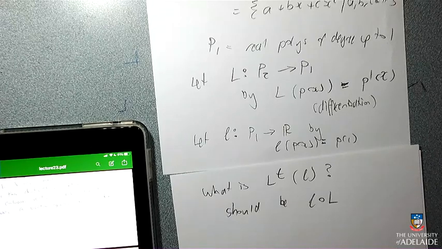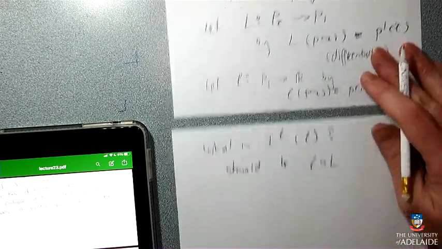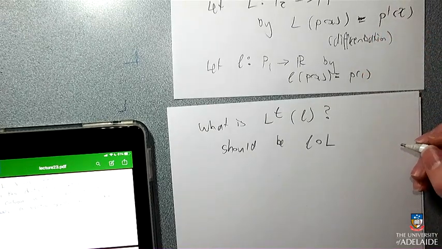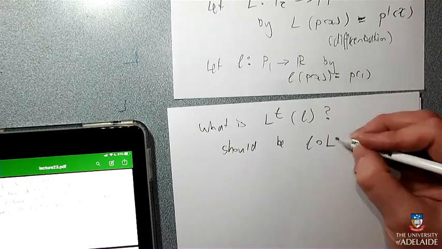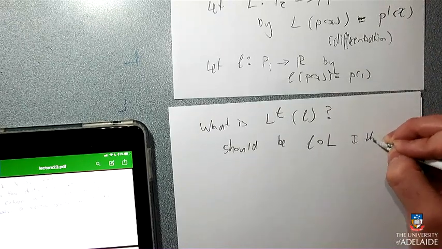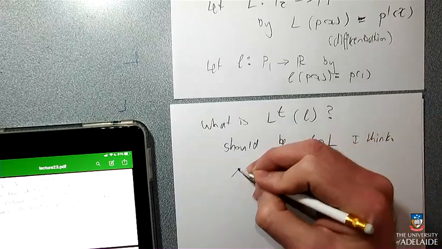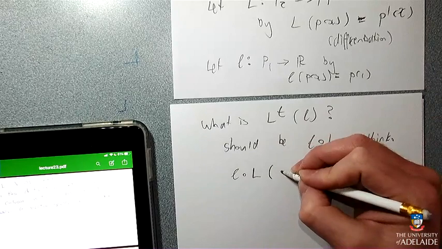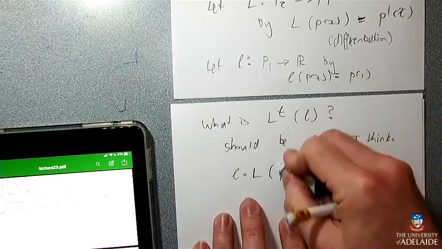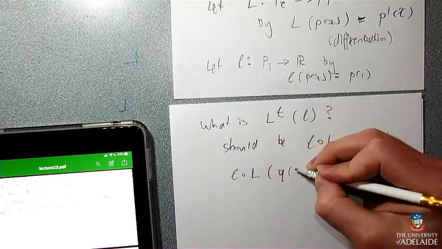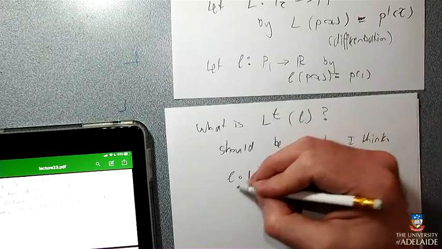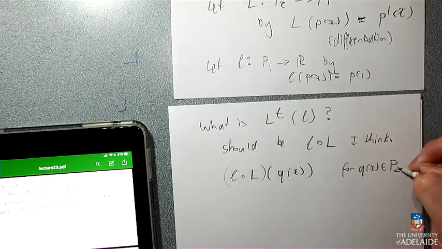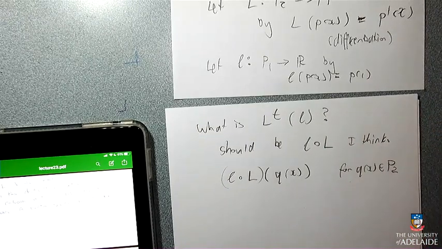Which looks like, to me, L of a polynomial, I shall call it Q, for Q of x in P1, P2, yeah.